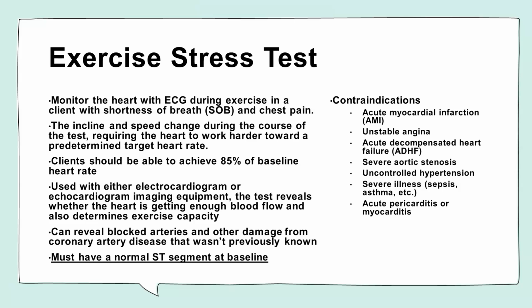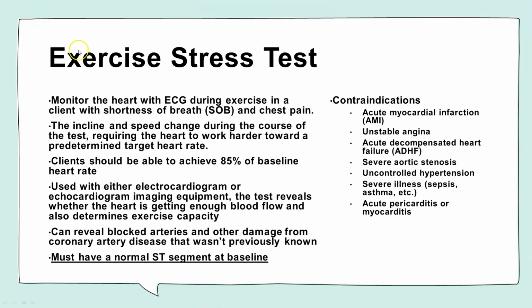There are contraindications, obviously, if it's an acute MI, so we understand that you're going to have changes to your ST segment there. You can have changes to your ST segment with unstable angina. If you're having an acute decompensated episode of heart failure, obviously they're not going to be able to breathe, so they're not going to be able to walk. If they have severe aortic stenosis, uncontrolled hypertension, sepsis, severe asthma, pericarditis, or myocarditis, you can have some exercise stress test contraindications.